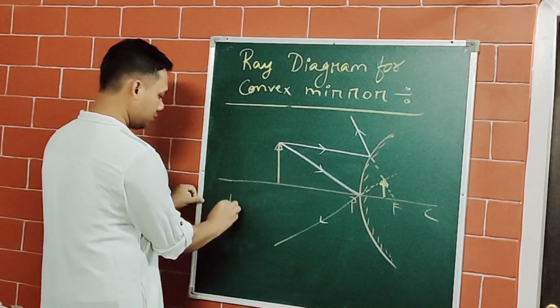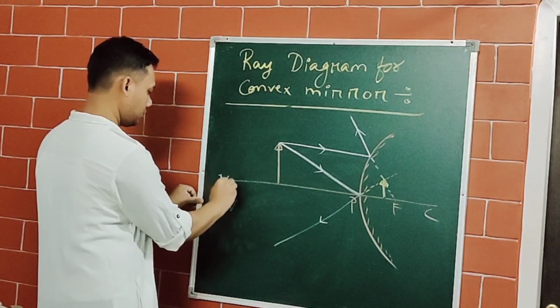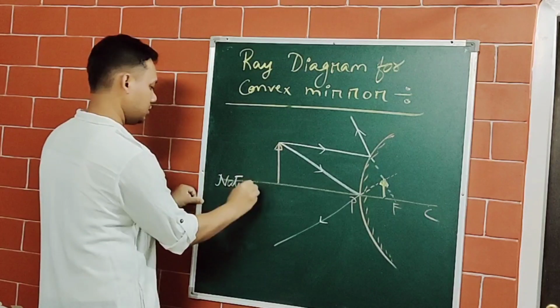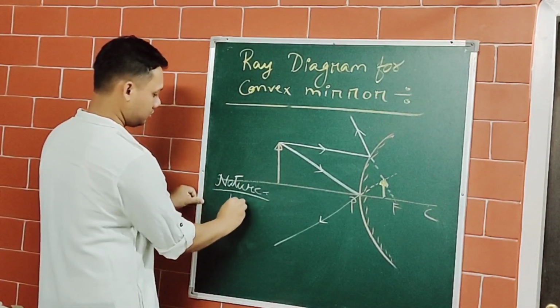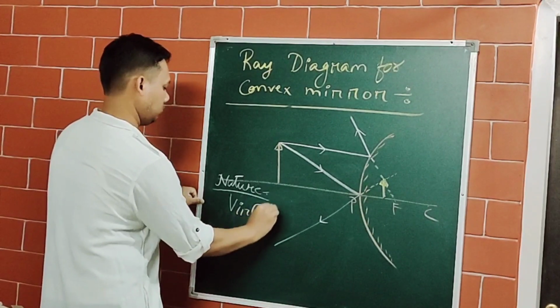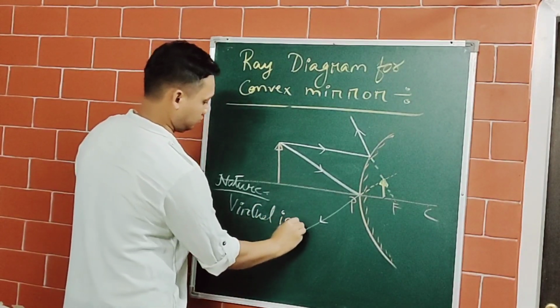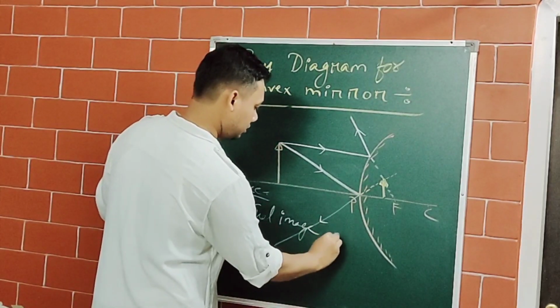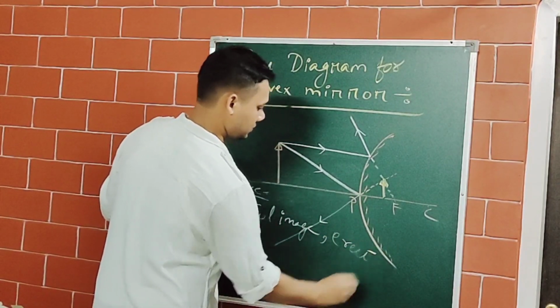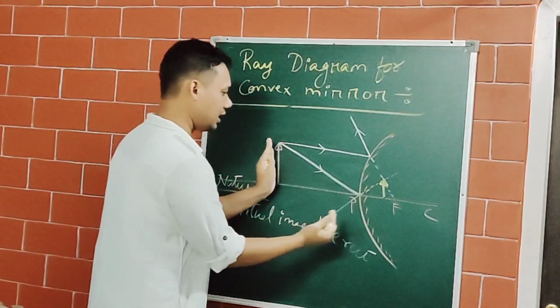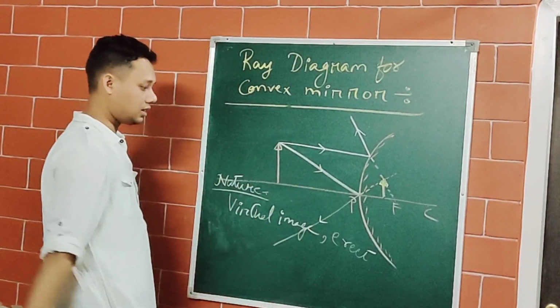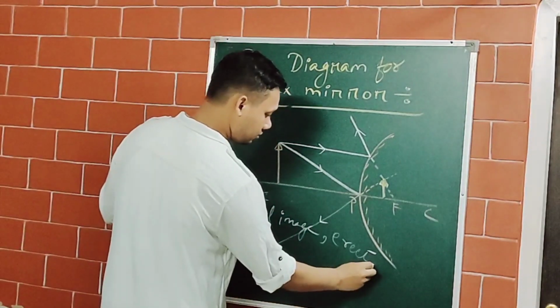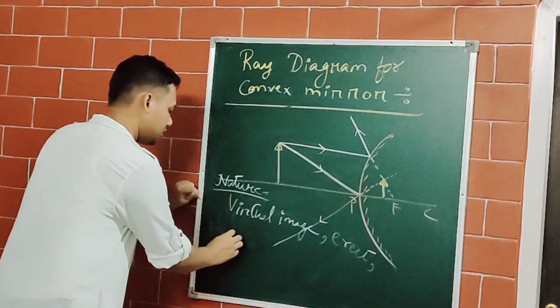Nature: write the nature. Virtual image. Erect. These are also erect, this one is straight and this one is straight. Smaller in size.